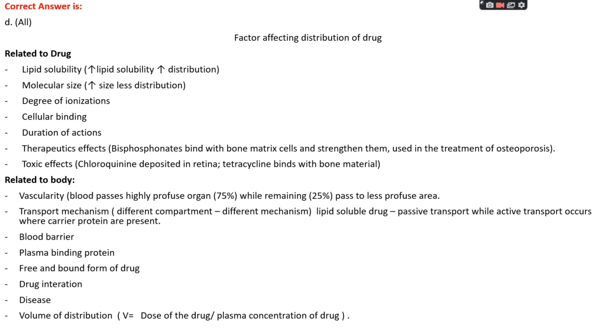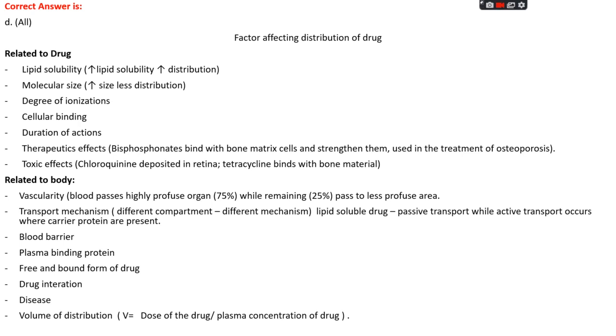Different compartments have different mechanisms. Lipid soluble drugs have passive transport, while active transport occurs where carrier proteins are present. Similarly, the blood barrier is another factor. Certain drugs able to cross the blood-brain barrier or blood-neuronal barrier are distributed beyond the neuronal area, and their volume of distribution is large, as compared to those which don't cross.